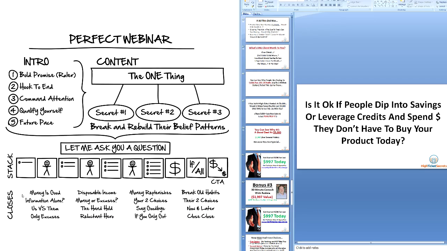This one's really cool because it justifies why you're charging a lot of money. So you say, look, this is the way it is, you guys. I had two choices when I was putting together this package. The first choice was I could make it really cheap, charge like $97, and we could sell to tons of people. Everyone would have access to it. That was one option. But the problem with that one option is that I can't put in the time, the effort, or the resources to really serve you. So instead of selling this to 10,000 people at $97, what I decided to do is, because I want to give you more personal attention, I decided to charge a lot more.